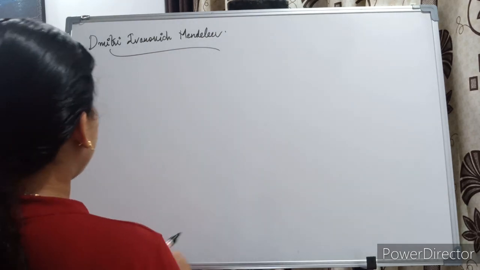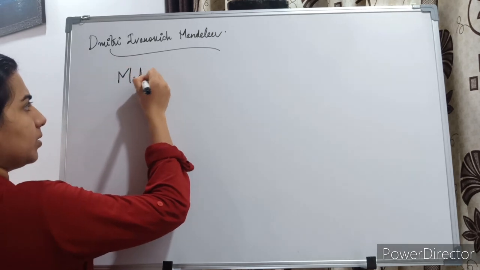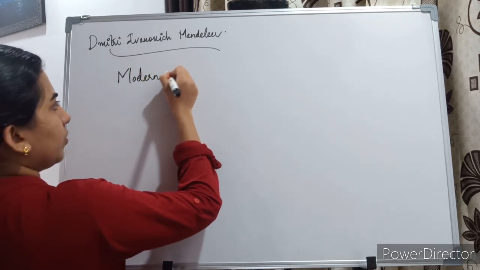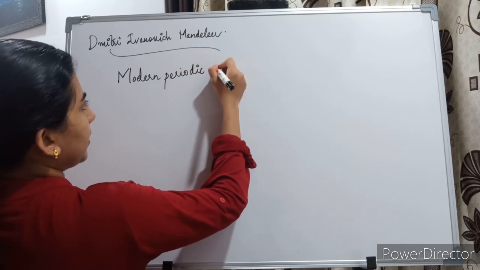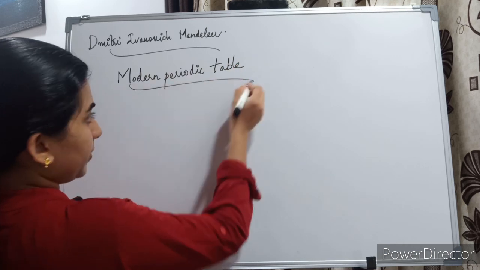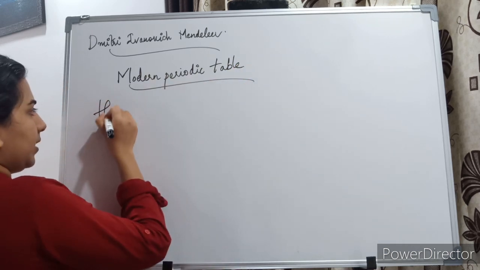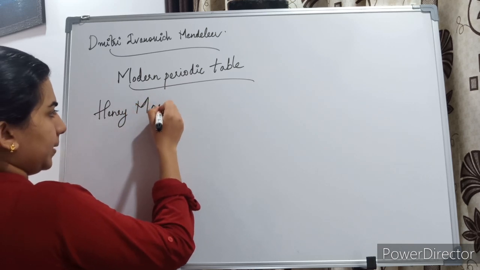And finally, our modern periodic table was invented. It was invented by Henry Moseley.